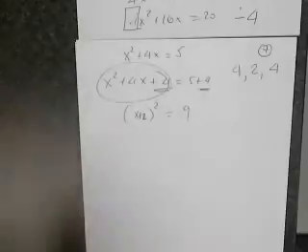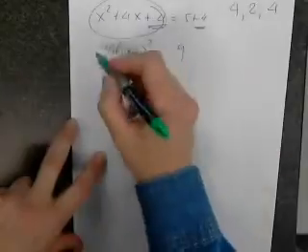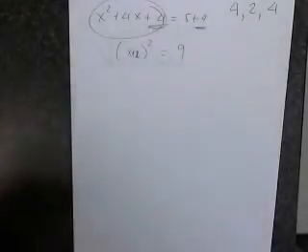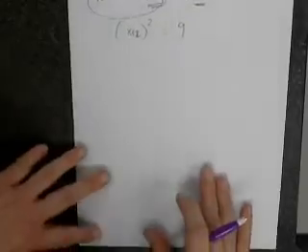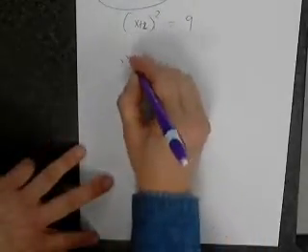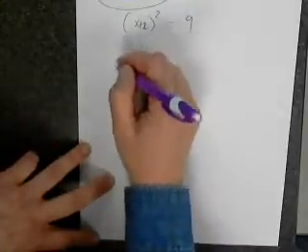Now, if I don't remember what I have to do next, I get stuck. I'm not going to be able to solve this equation. What do I have to do next? Take the square root. Good. So then what do I get? Careful. It's quadratic. How many solutions do I have to get? If I forget to put plus or minus, I will get only one solution, and that will be incorrect. So x plus 2 must equal... Remember, this should have been the absolute value.